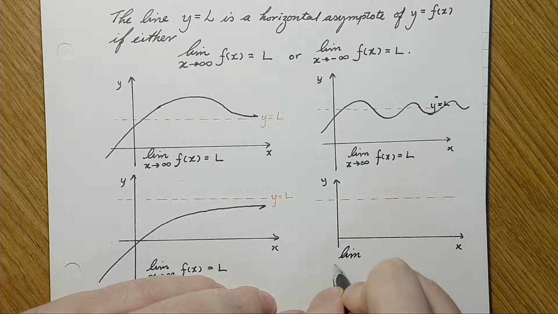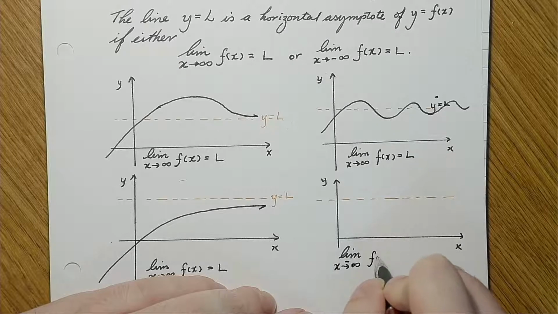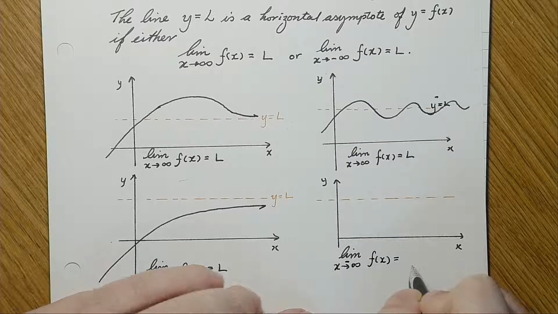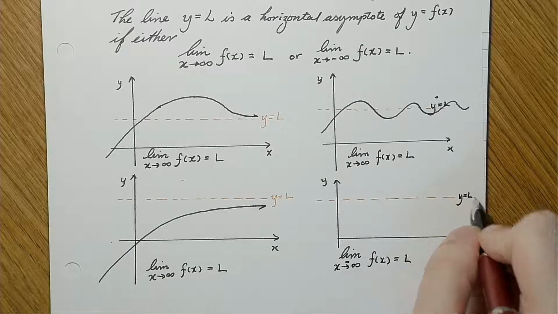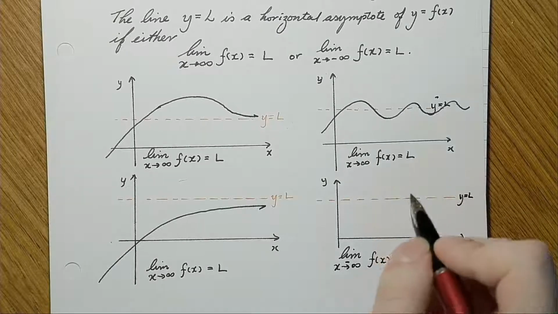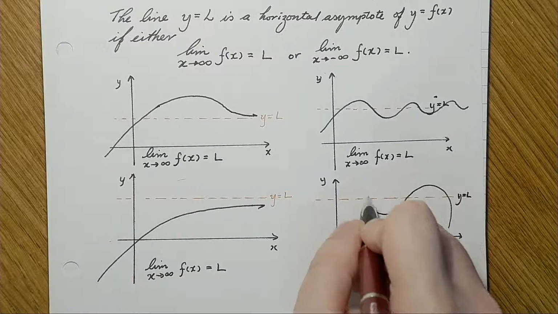So the limit as x goes to negative infinity, which equals L. And I could do something, you know, it doesn't really matter. It could cross here, like this, and here.